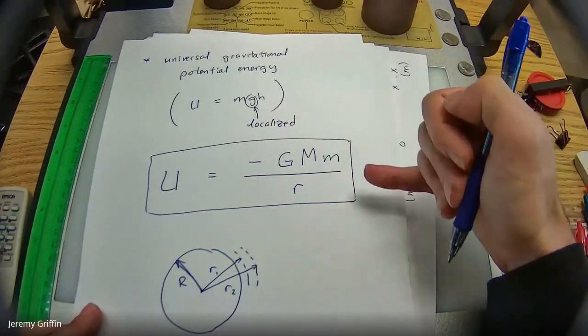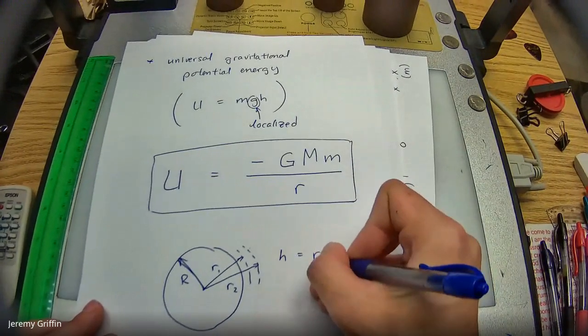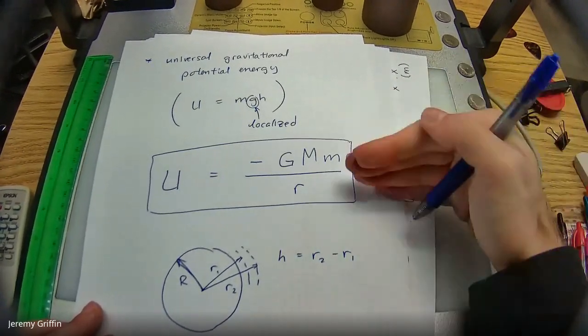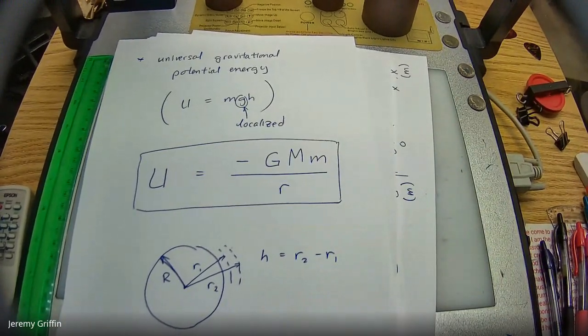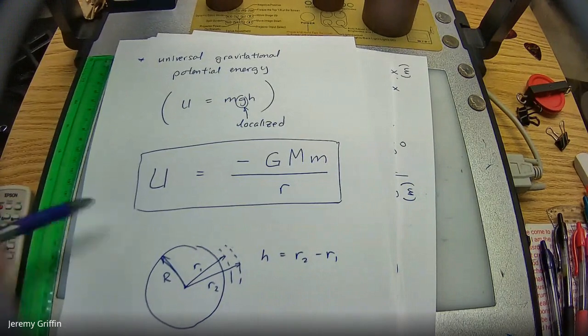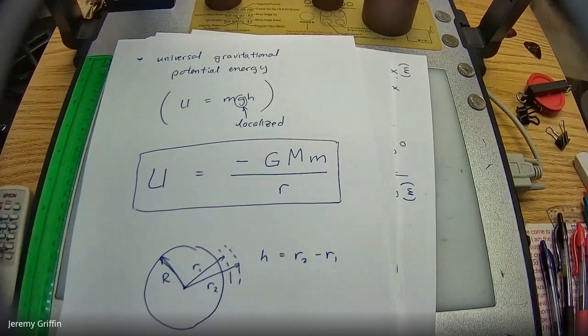Where h would be the difference of the two r's, like r1 and r2. So in this case, h would be r2 minus r1. Right? This actually simplifies into this. Okay? So that's as far as I can get today, but tomorrow I'll tell you guys where this comes from, applications of it, how to get escape speed from this. Then I'll also talk about power measured in watts. Okay, so that's where we're going with the story tomorrow.